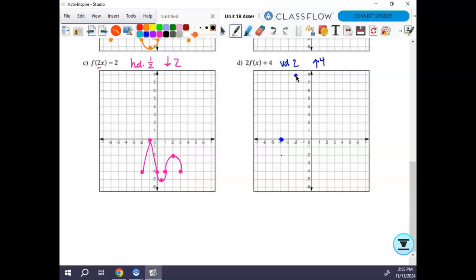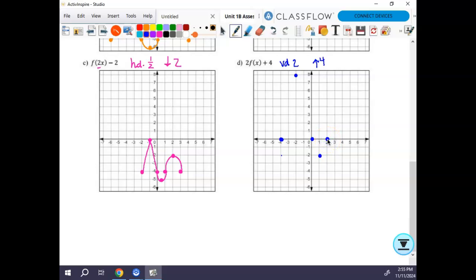My next one, I would start at 0, -2. Vertical dilation doubles that to -4, and then I go up 4. I'm right there. My next point is I start at 1, -3. Vertical dilation makes that -6, and then I go up 4. Then I start at 2, -2. Vertical dilation makes that -4. Go up 4 to 0.